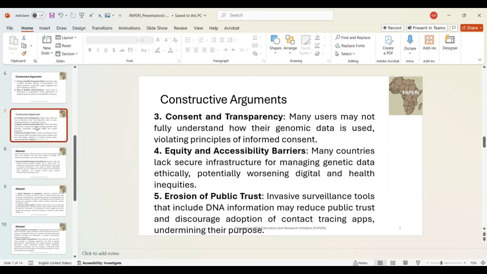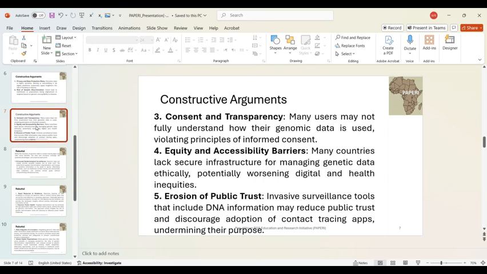Then, consent and transparency in the use of data. Many users may not fully understand how their genetic data is used, therefore violating the principle of informed consent, because in the informed consent they may not state why their genetic data will be used. And there is an issue of equity and accessibility barriers. Many countries lack secure infrastructure for managing genetic data ethically.